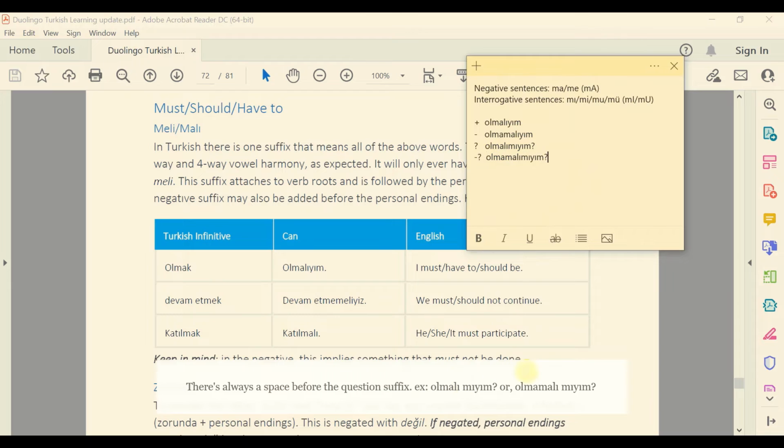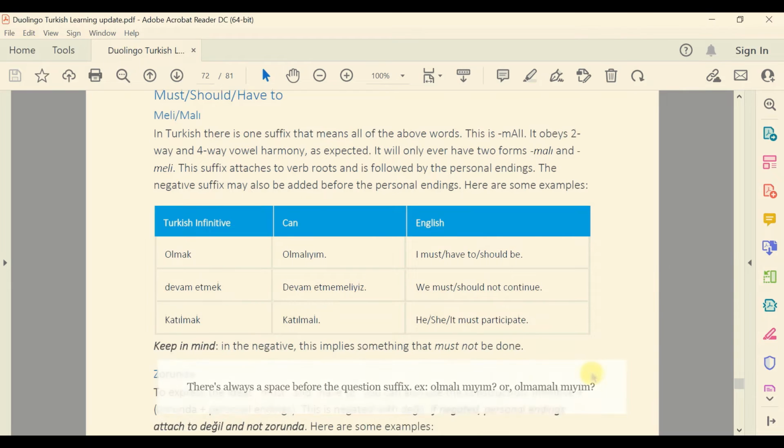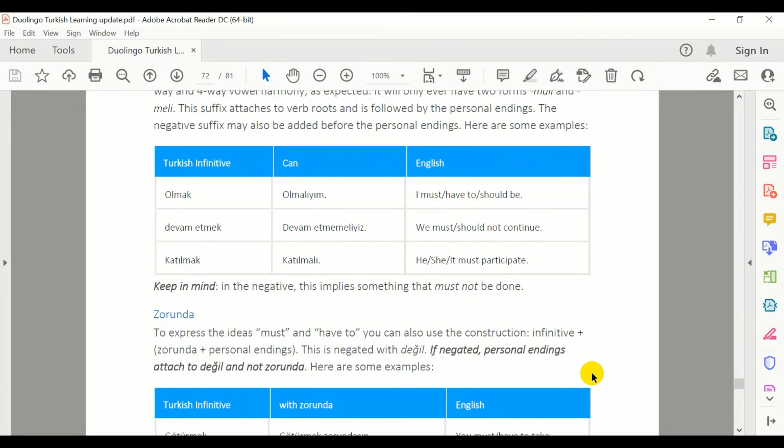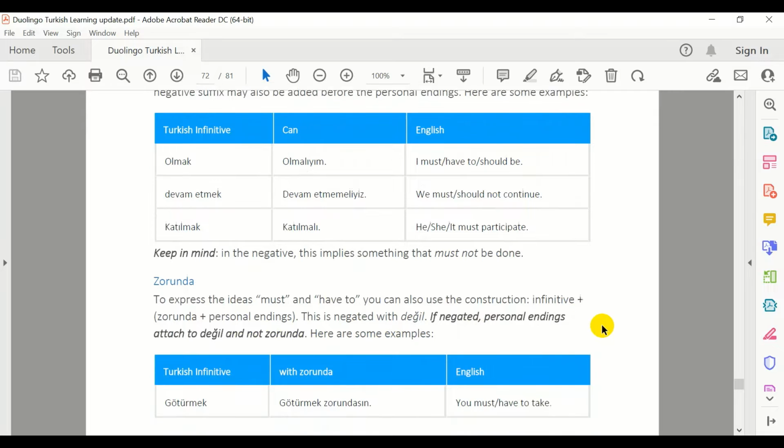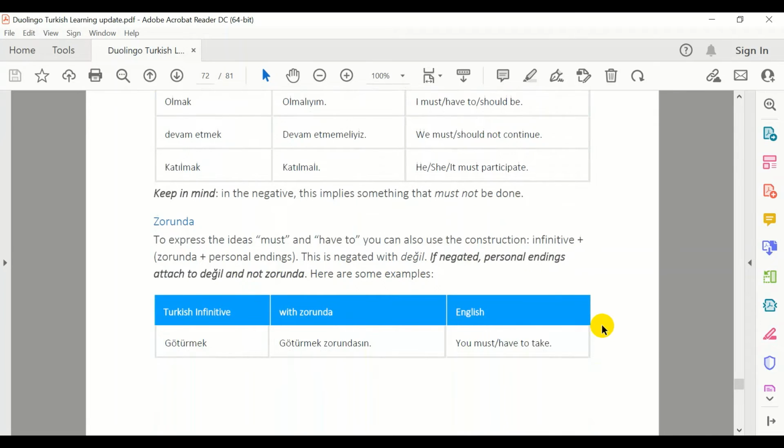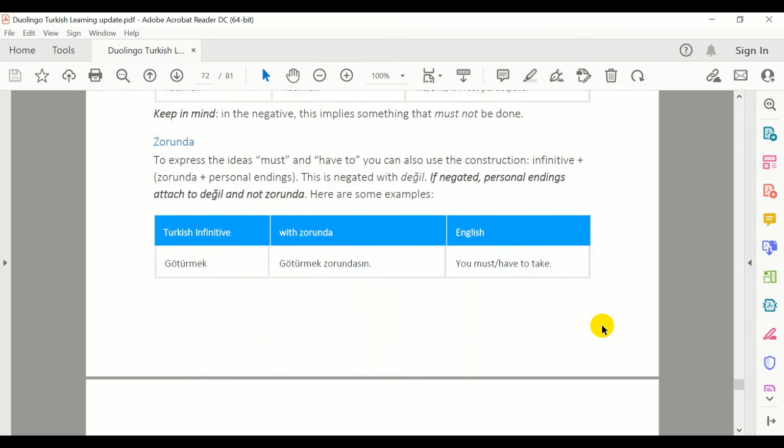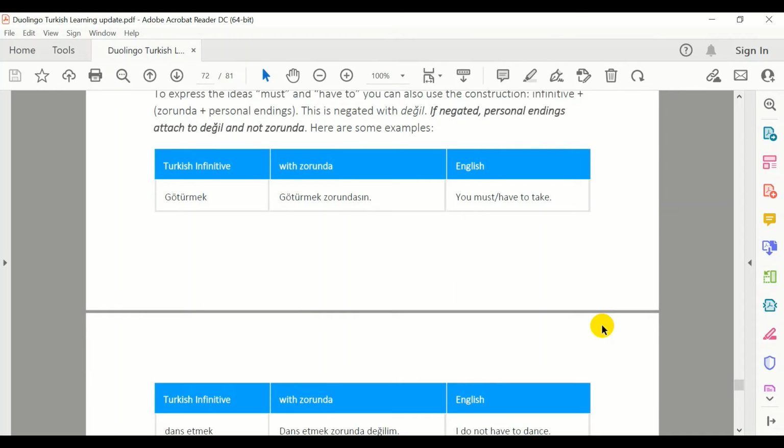Well, and remember that with zorunda you have a special word, değil. So when you want to change this sentence into negative, you should remember that you should not use the negative suffix that we have already discussed.